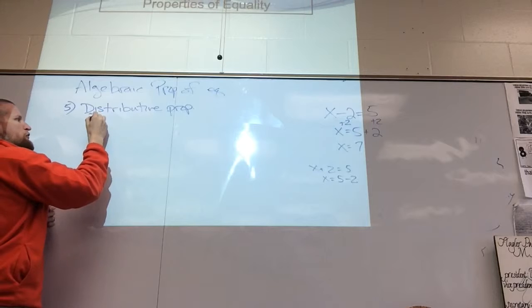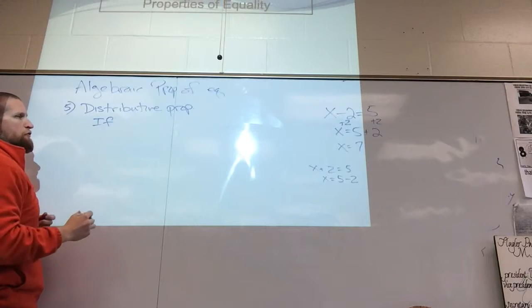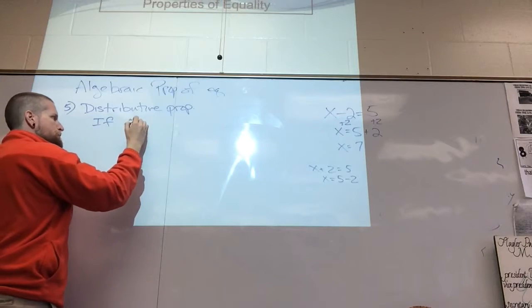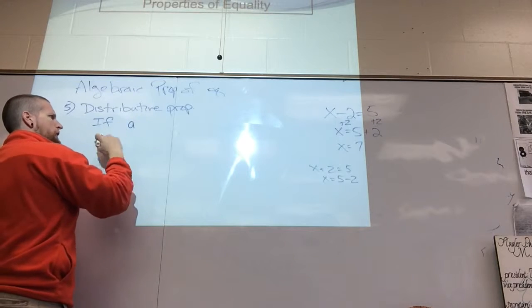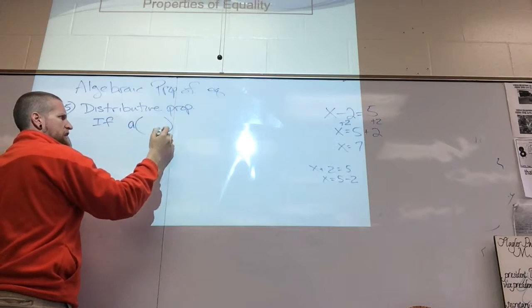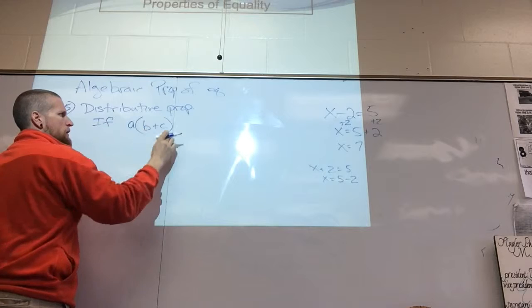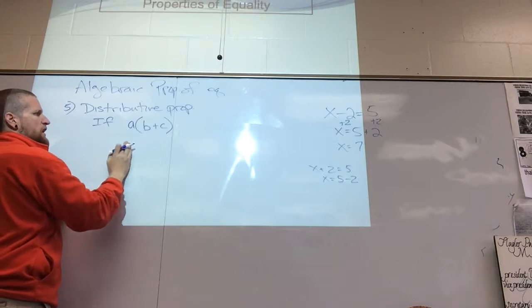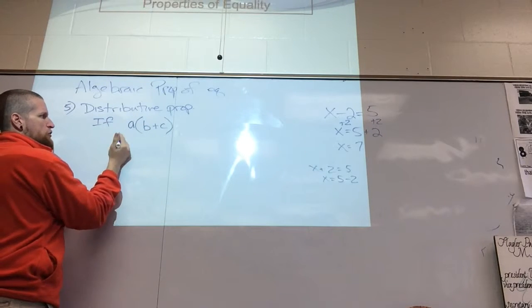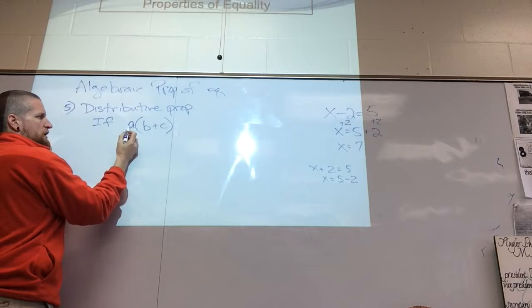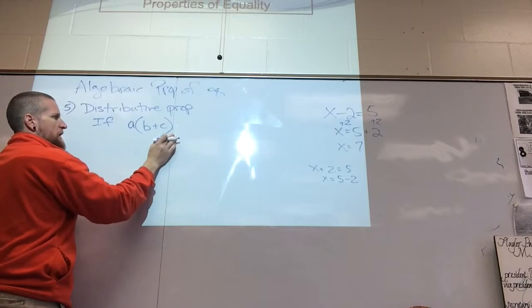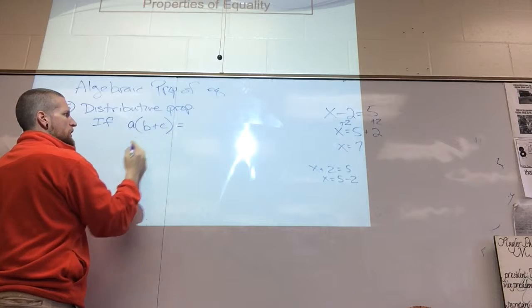So this one, if you forgot, is for things like if you've got a number or variable or whatever on the outside of an expression. If you had that on one side, remember distributive property allows you to take whatever's on the outside of the parentheses and move it to the inside by multiplication.